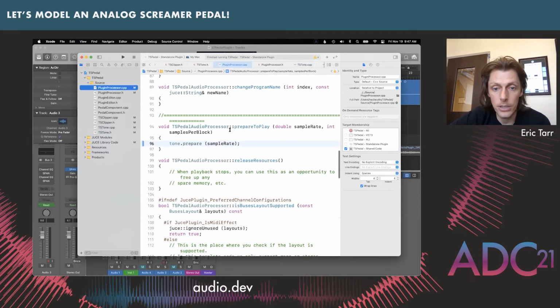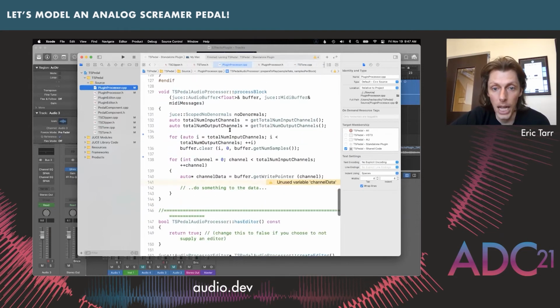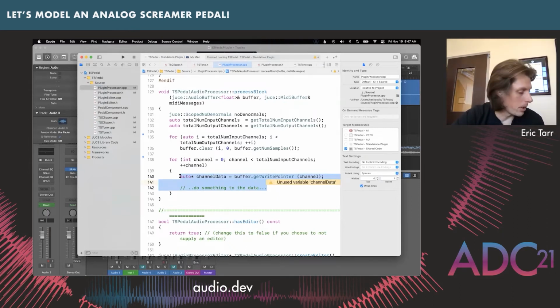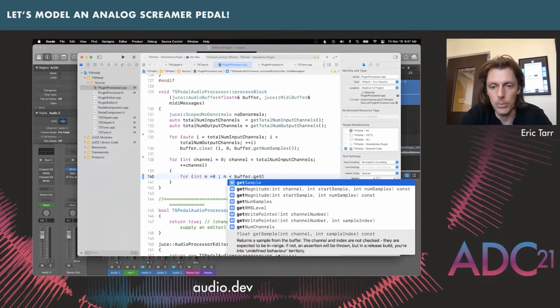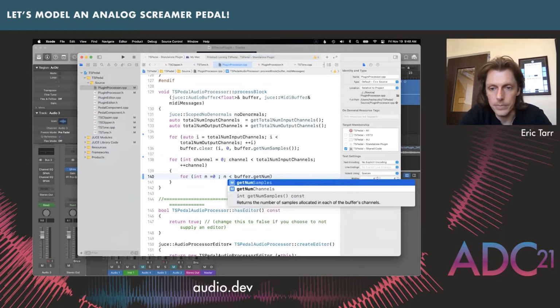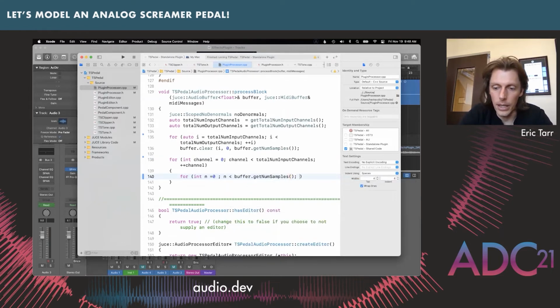Then in our plugin processor, when we actually want to do the process block, what I'm going to have us do is just go one sample at a time rather than pass in the whole buffer. If you want to program it that way, you can do that too. But let's do that where we will go through the channels, and then we'll go through a loop for int n equals 0, n less than buffer.getNumSamples, plus plus n.